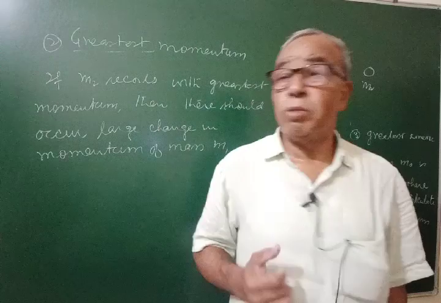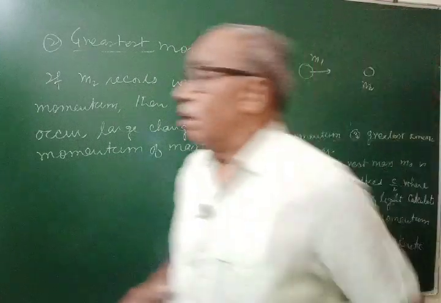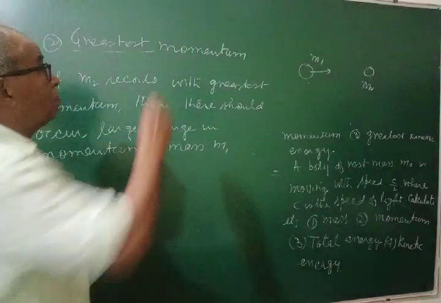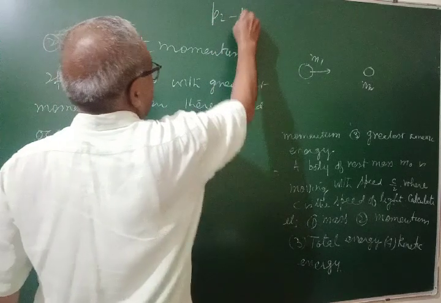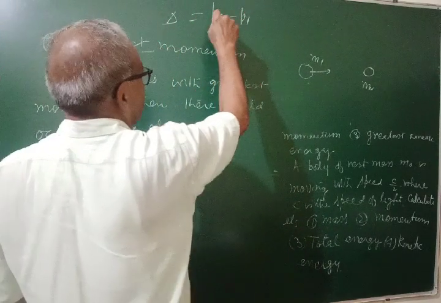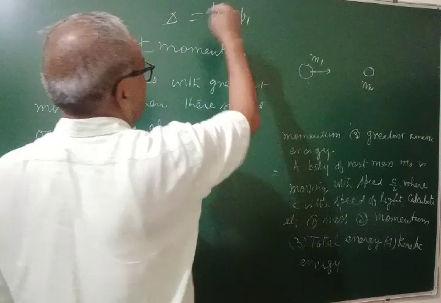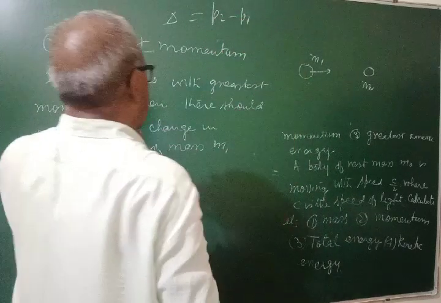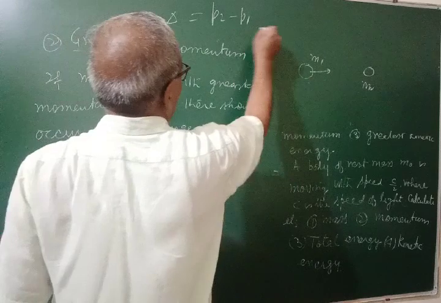So when will it be possible? The change in momentum is delta p, p2 minus p1, where p2 means momentum after collision of mass m1 and p1 the momentum before collision.